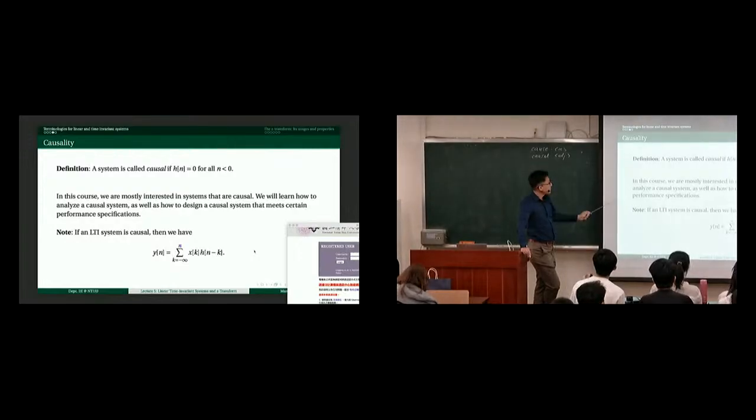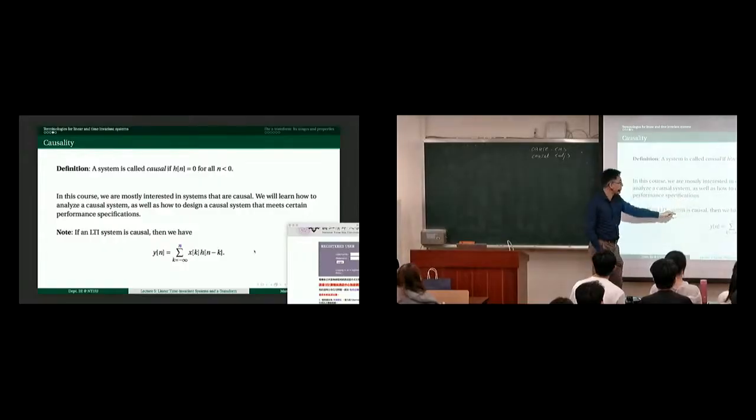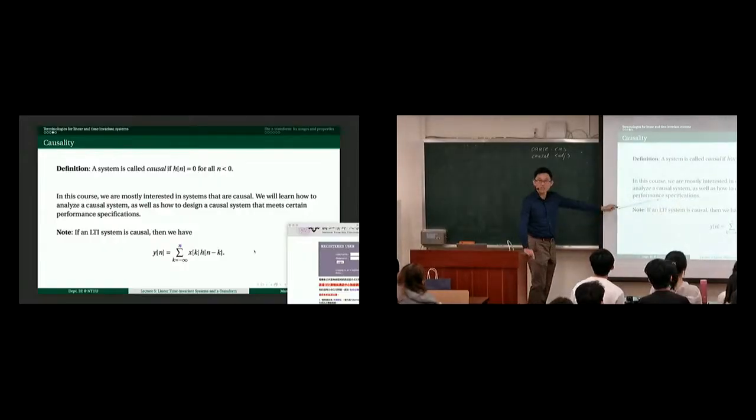We'll learn how to analyze a causal system, as well as how to design a causal system that meets certain specifications. The entire semester is all about designing and analyzing causal LTI systems. That's why this is important.